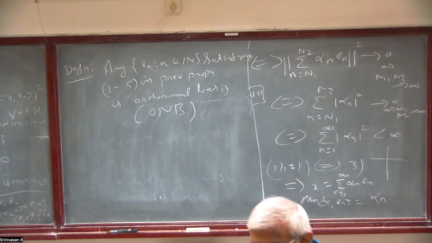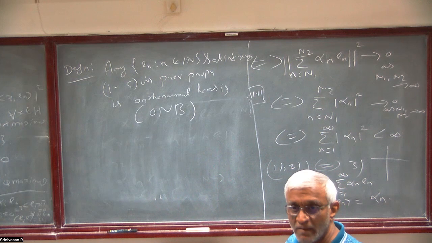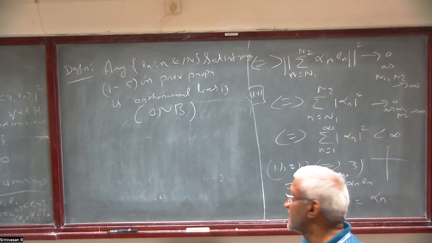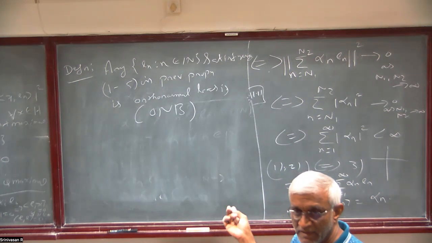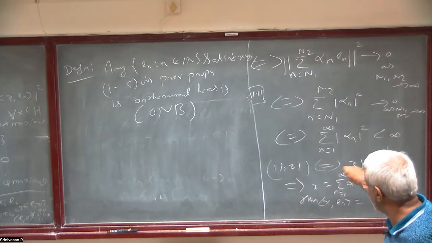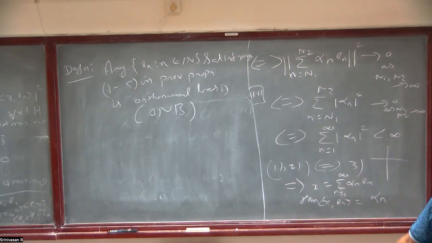An algebraic basis is where finite linear combinations give every element. Here you have to take all finite linear combinations, then close it. It's a topological statement. Even if you take finite linear combinations and the closure is everything, that doesn't mean you can write everything as an infinite sum.